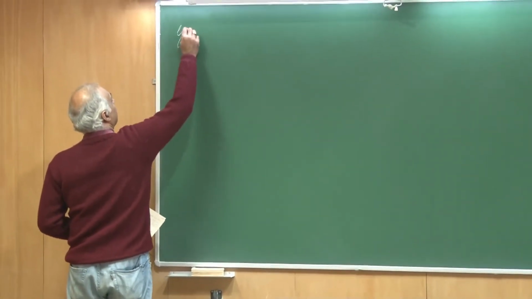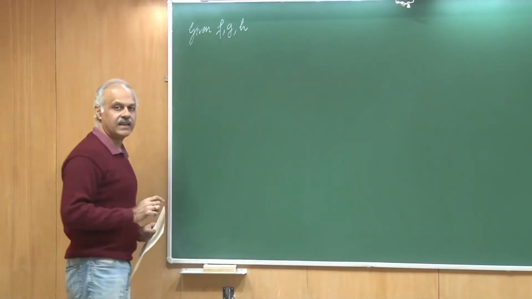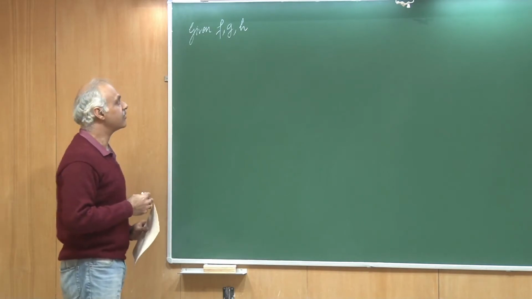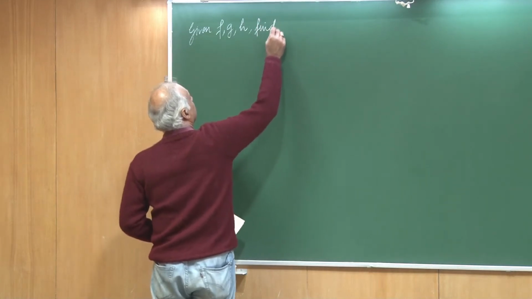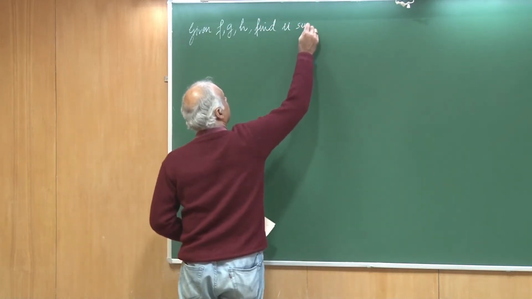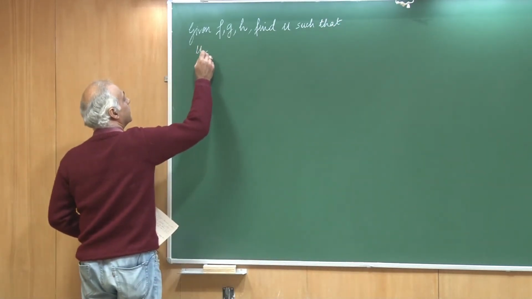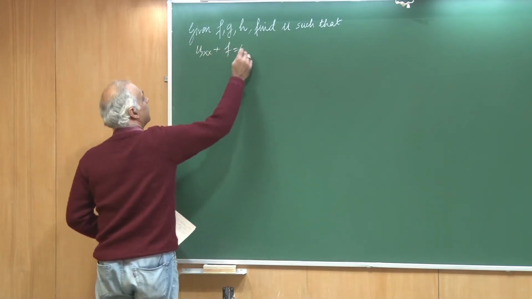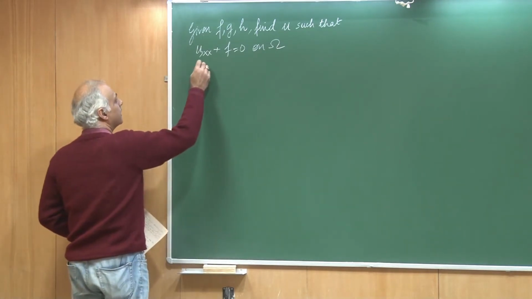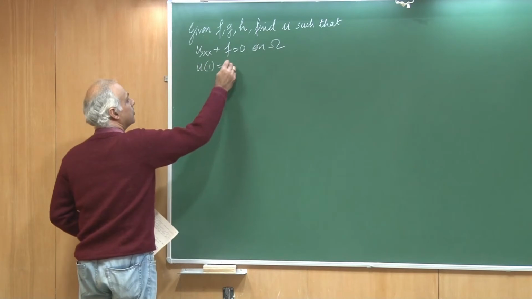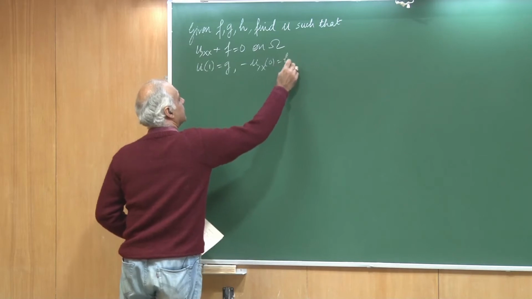We said, given f, g and h, and I am not going to write down the details, so these are real valued constants and functions, I am supposed to find a u such that I satisfy a differential equation u comma xx plus f equal to 0 on omega, and then I had two boundary conditions, a Dirichlet boundary condition u1 is g and minus u comma x at 0 is h.